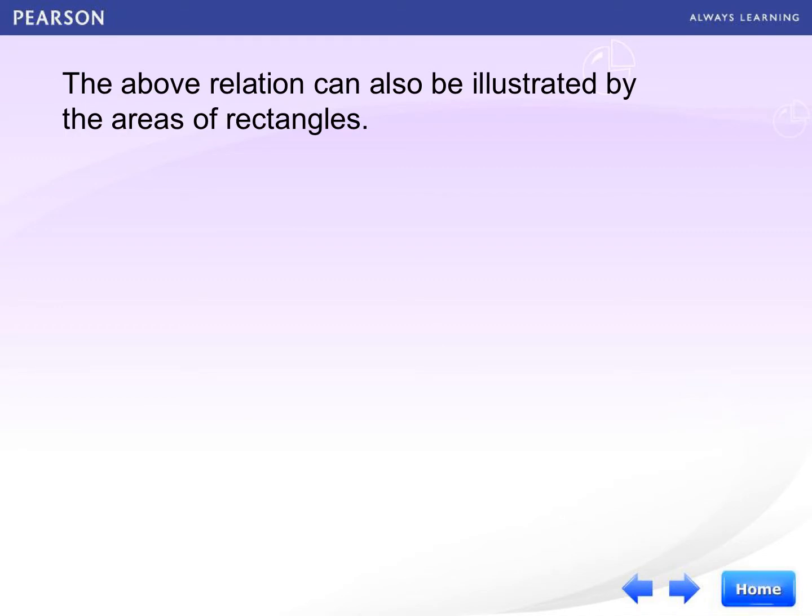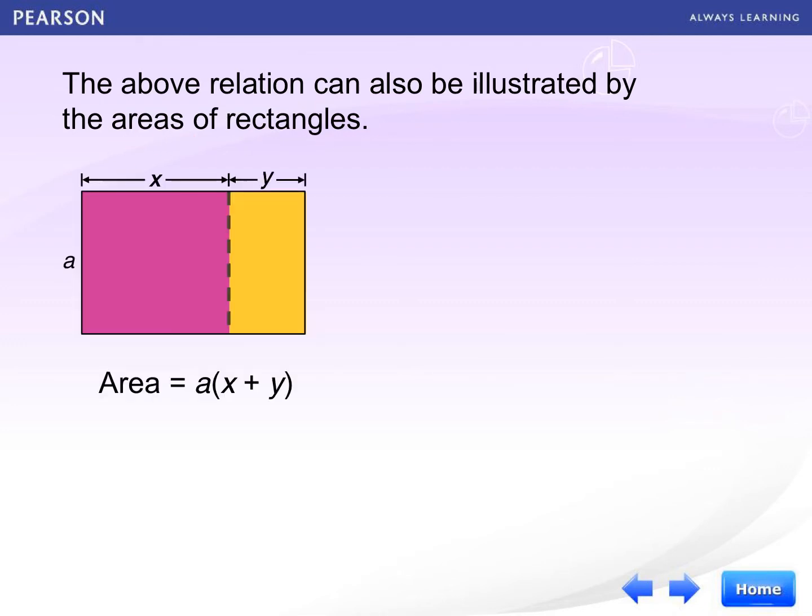So the distributive law, the relation can also be shown by the areas of rectangles. Look at this rectangle. The length of the whole rectangle is x plus y, and the width here is a. So the area is a times bracket x plus y.